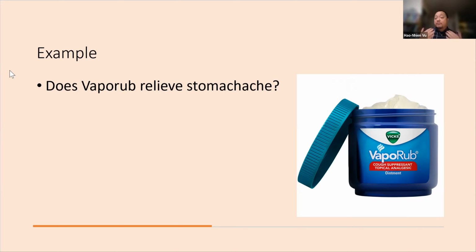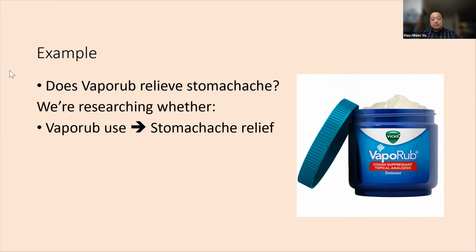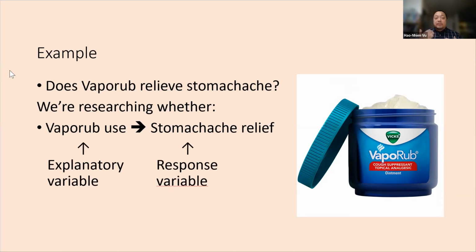Can you tell what the variables are? Well, in this research question, we're researching whether Vapor Rub use leads to stomachache relief. So those two things are our variables. Specifically, Vapor Rub use is the explanatory variable and stomachache relief is the response variable.